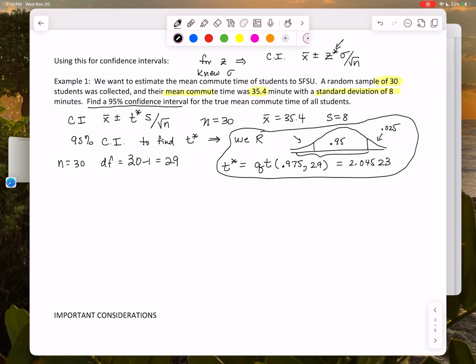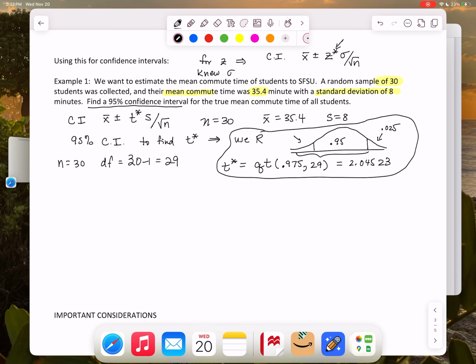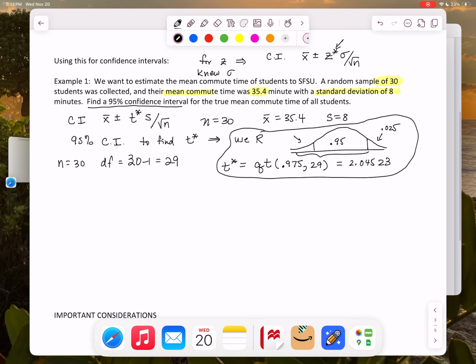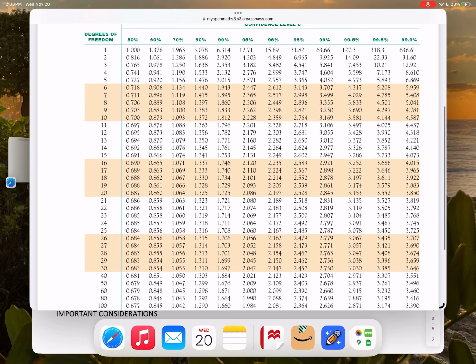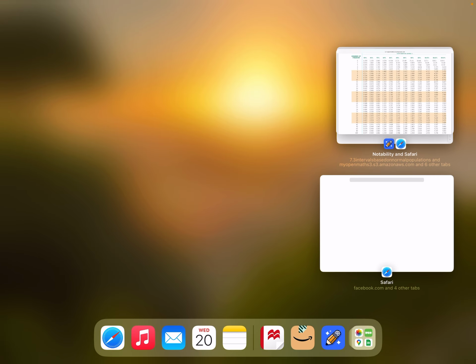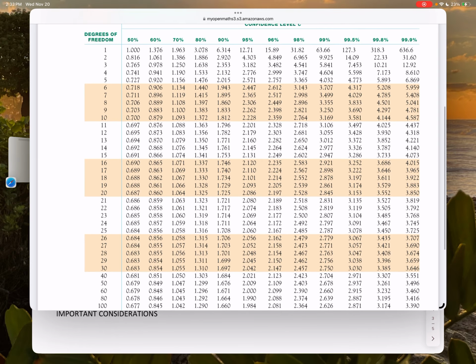Now, if you use the table, let me go to the table real quick. I have the table here. Since the degree of freedom was 29, we want to look at row 29. Sorry, I have no way of highlighting this, my apologies.